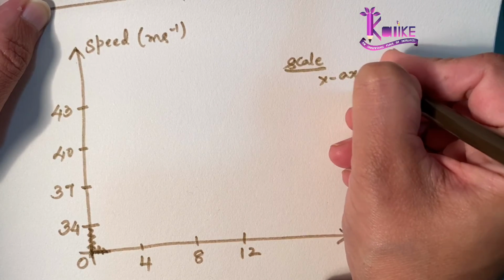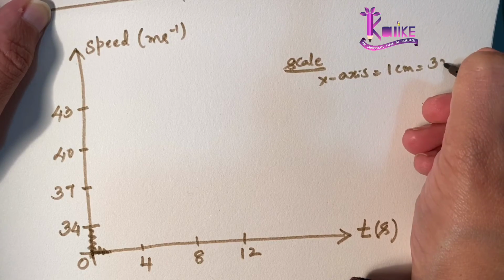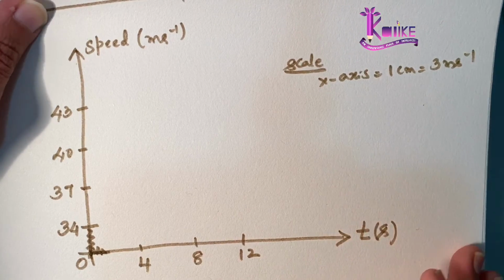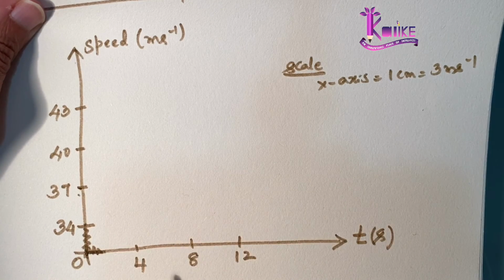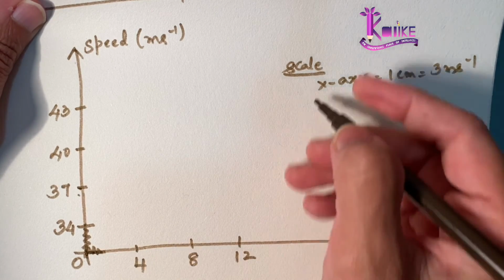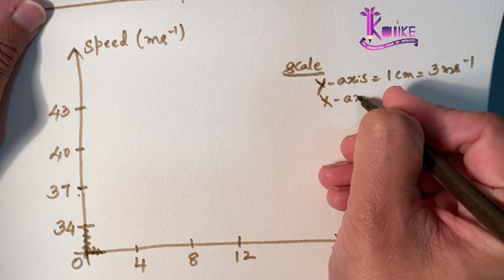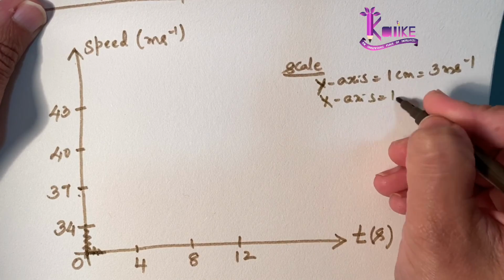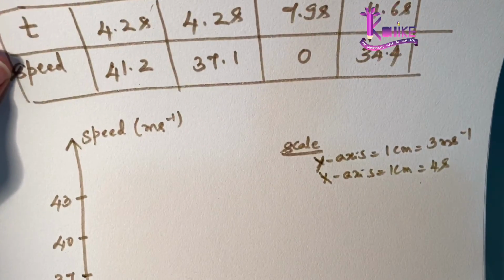On the y-axis, I have taken 1 centimeter is equal to 3 meter per second. Why 3 meter per second? Because that is the jump from 34 to 37. Here it is 4 seconds. Sorry, this is the y-axis and this is the x-axis. 1 centimeter is 4 seconds. Right? Now you know the values.